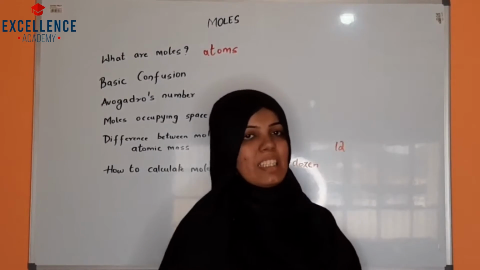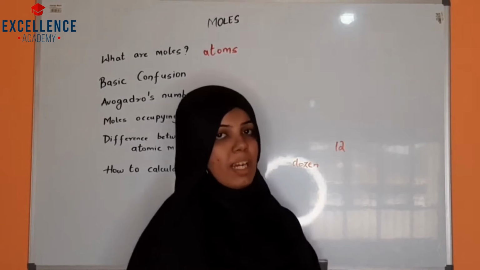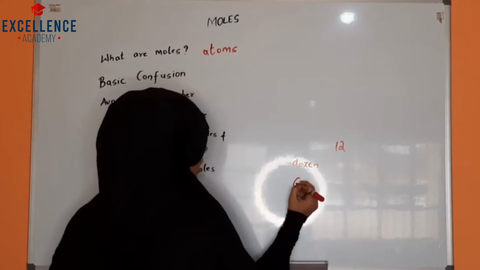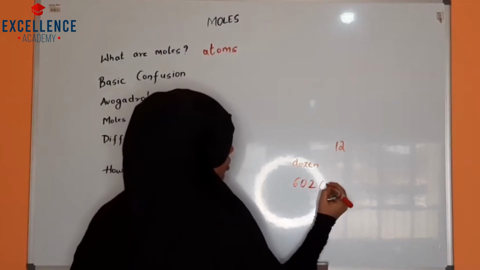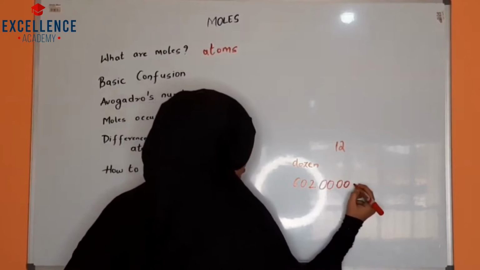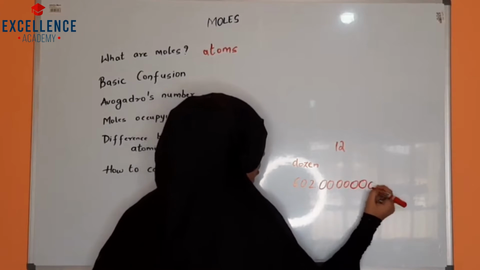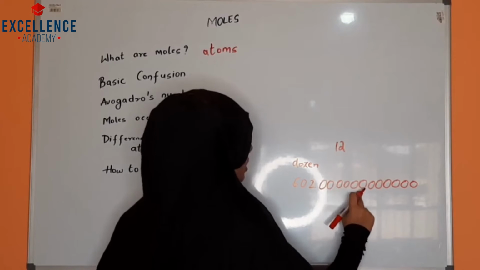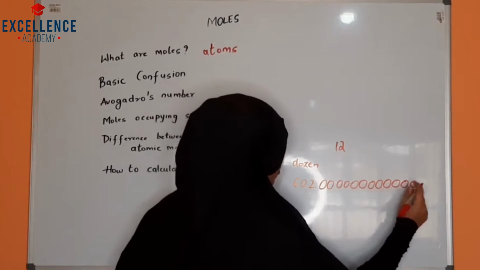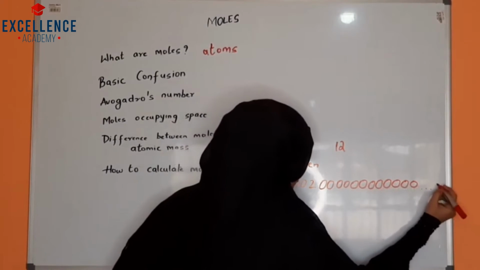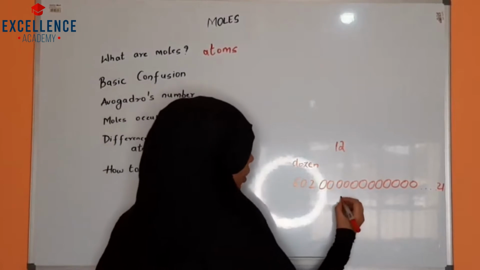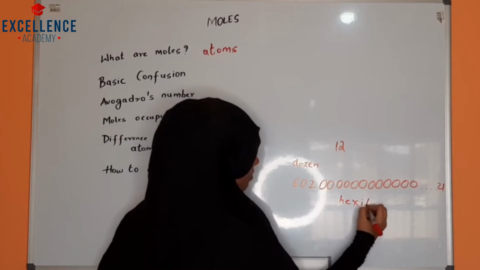So there are many scientists who have calculated this, and they have come to this number, that there are 602 followed by 21 more digits, 2, 4, 6, 8, 10, 12 and so on till 21.